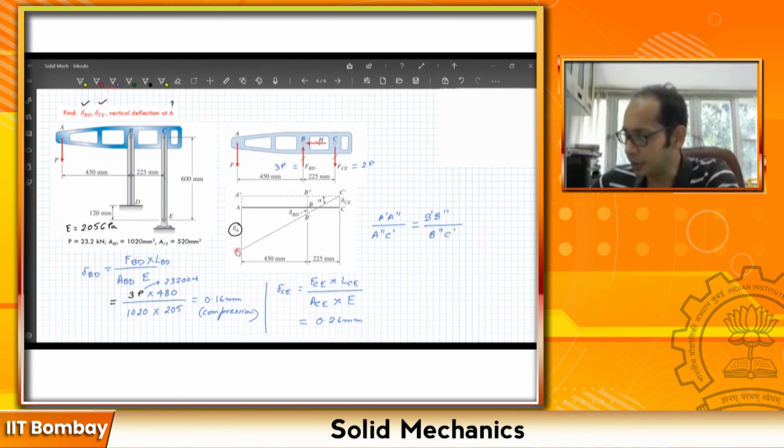So this length divided by this one must be equal to this length divided by this particular one that you see over here.